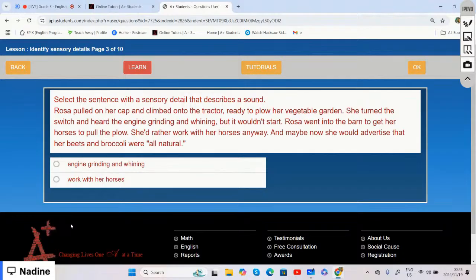So we need to select the sentence with a sensory detail that describes sound. Is it option one, engine grinding and whining, or option two, work with her horses? Which one is correct? Option one or option two?